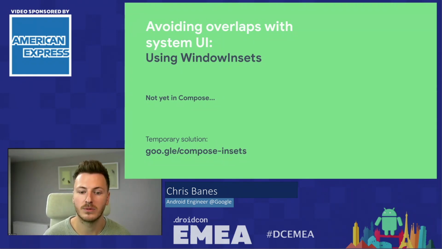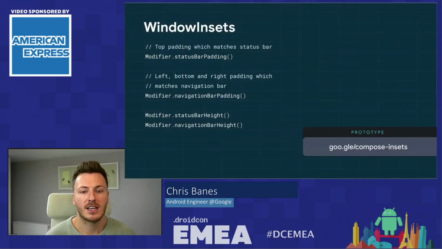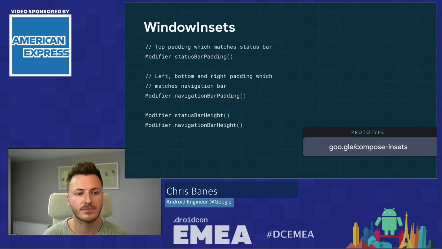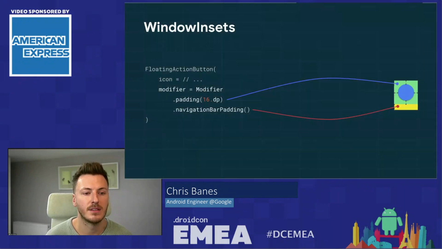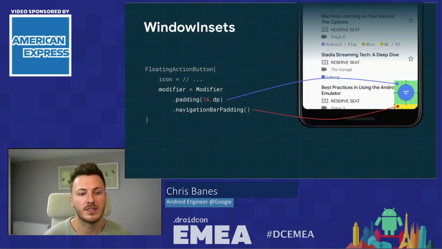So it's cool. That gist contains a number of modifiers which greatly simplify the handling of insets versus, say, the view system. Let's take a look at 2 examples of these modifiers in action. The first is a floating action button here in the bottom right. We have 16 dp of padding, which is the green box and implemented as the first modifier.